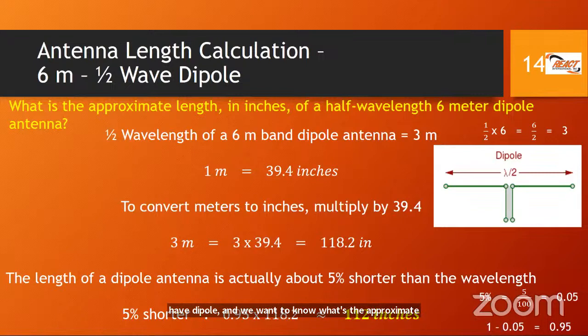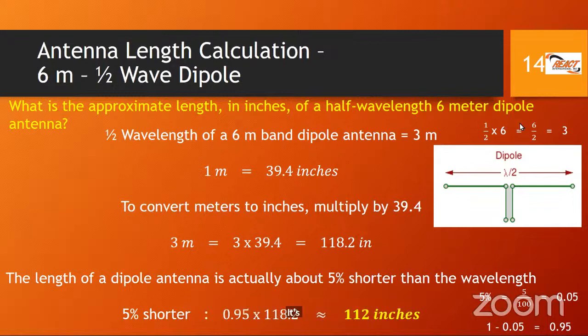They didn't ask us for one leg. They ask us, what's the length of this antenna? So we are talking about the whole antenna from this end to this end. But we know it's a half wavelength antenna. But a half wavelength on what frequency? For us to know the length or the wavelength, we need to know the frequency. Did they tell us? Well, they told us the band. They told us it's a 6-meter band, or it's a 6-meter dipole antenna.